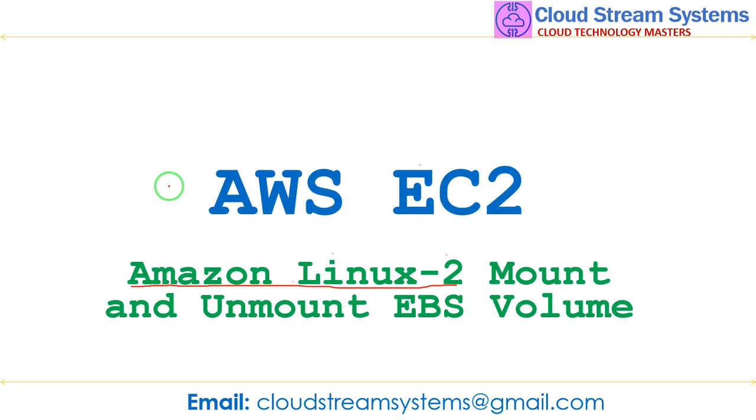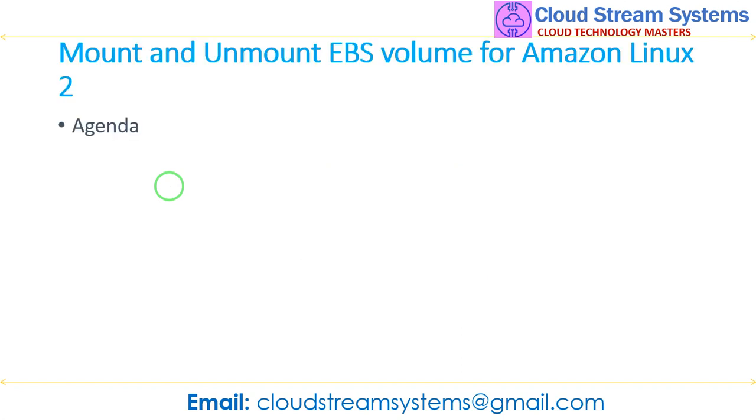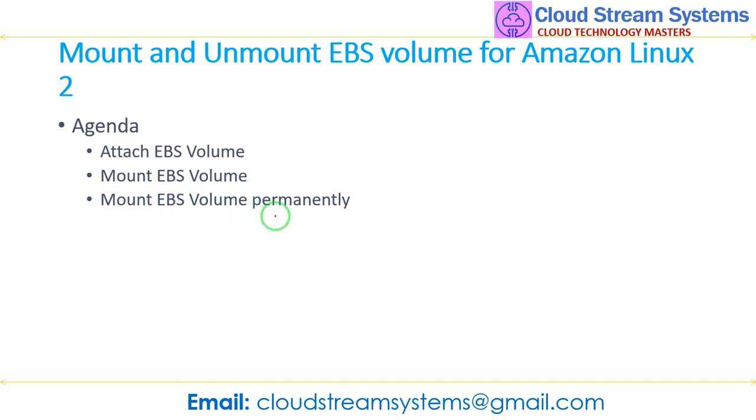Before starting, let us see the agenda for today's session. Attach an EBS volume, mount an EBS volume. Once you mount, the fact is it may not work when you reboot your EC2 instance. In order to avoid that issue, you have to perform additional steps to mount that EBS volume permanently.